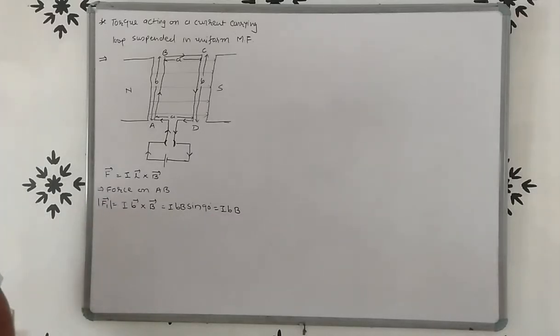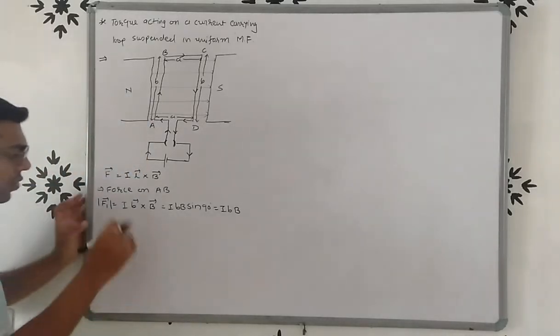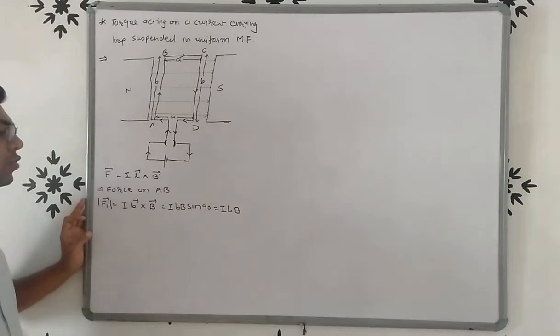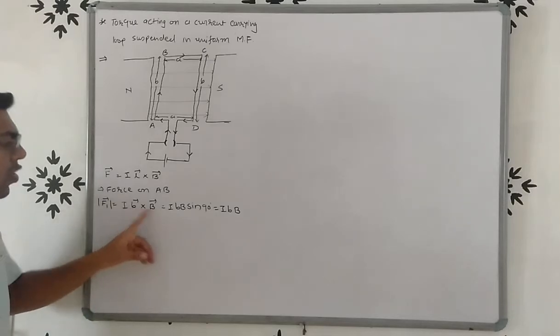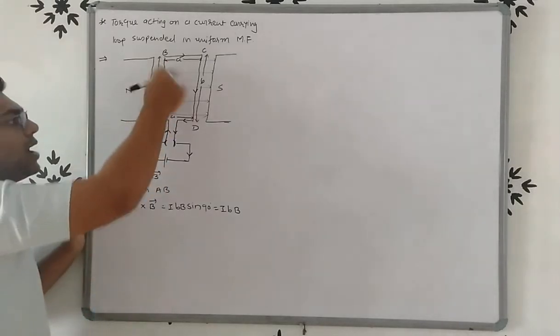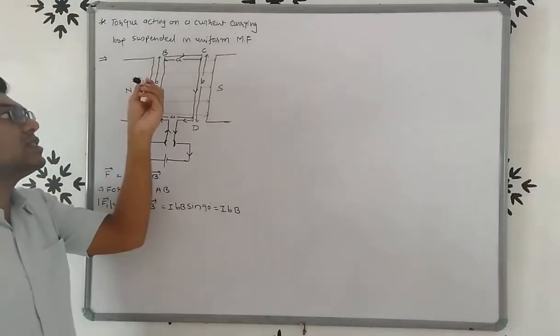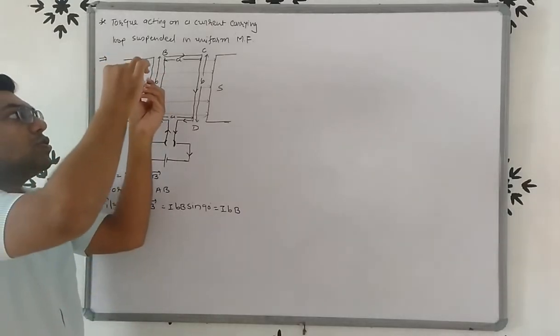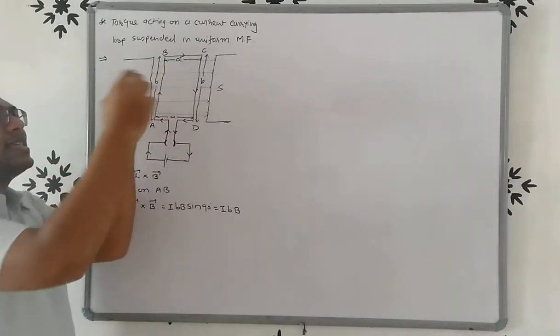Now if we want to find the direction, then as per the rule you have to use a screw and move the screw from small b to capital B. So you have to move the screw to the right-hand side.